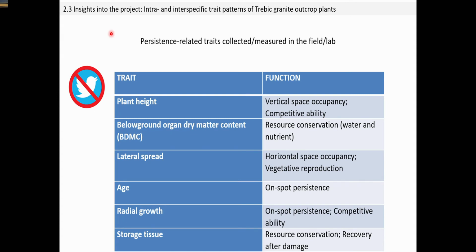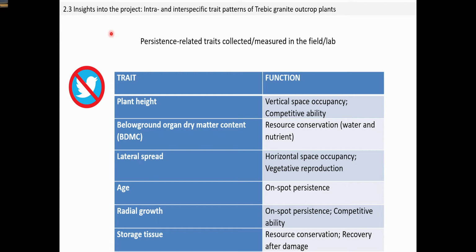Again, the traits we have been collecting and measuring within and across species, and the different functions related to persistence, are reported here. As you can see, age, radial growth, storage tissue and vessel size are quite rarely used in functional ecology in general, and I know of no study examining these traits on island systems.